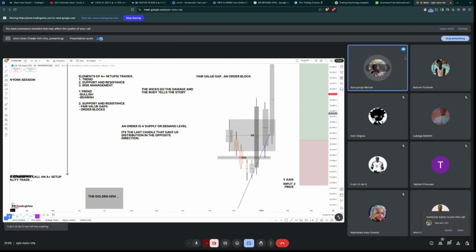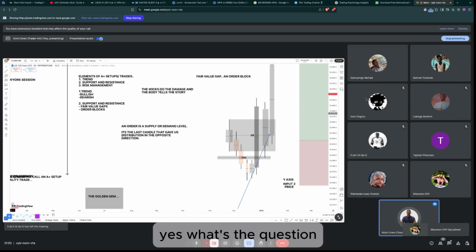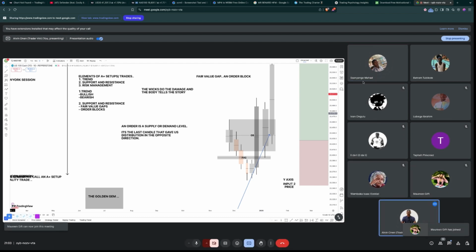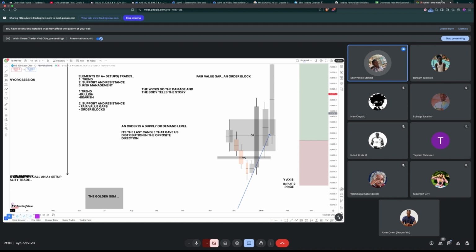I have a small question. Yes, what's the question? How do you react when price stops at the fair value gap and then continues in the original direction? Pardon me, your volume is low.